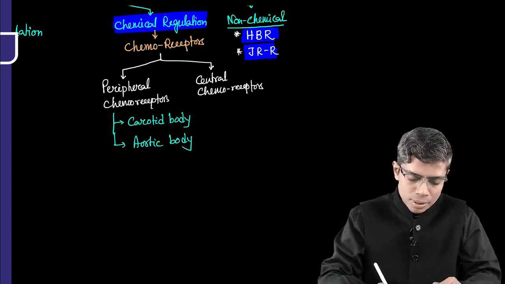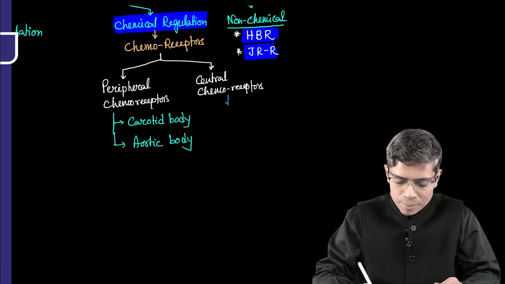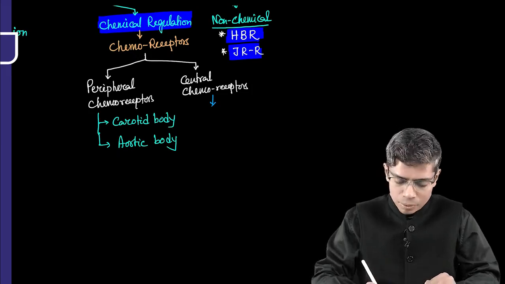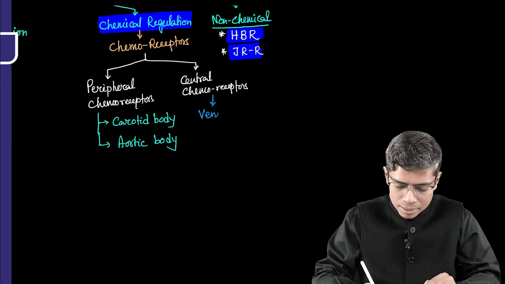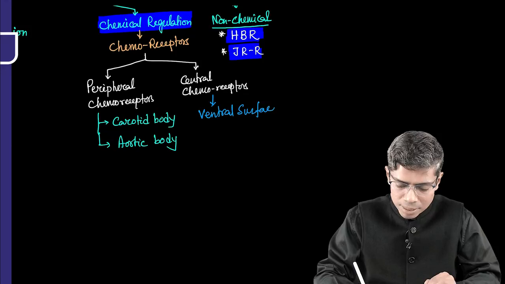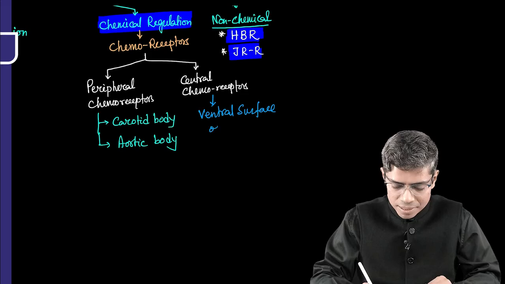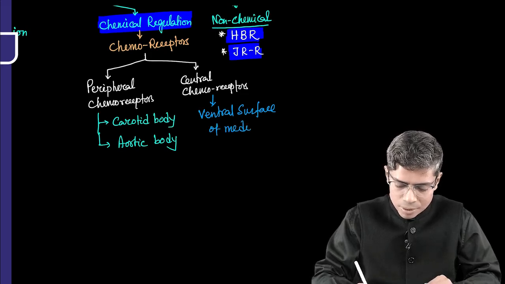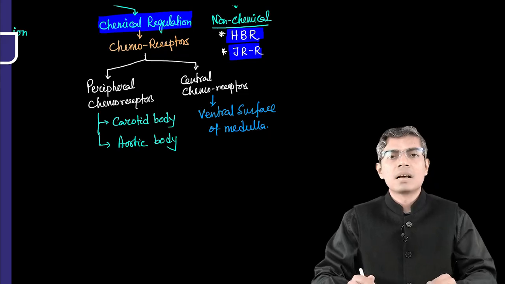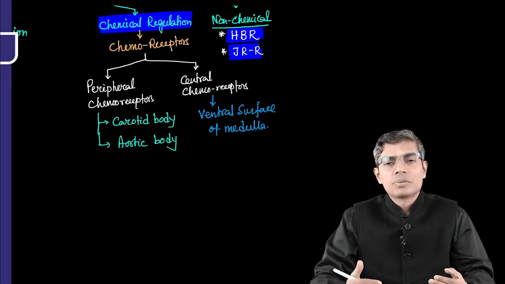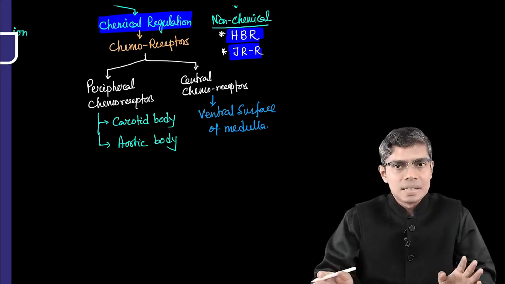But before that, look at the central chemoreceptors, which are located at the level of the medulla, on its ventral surface. How they control our respiration, we will also discuss a little later.